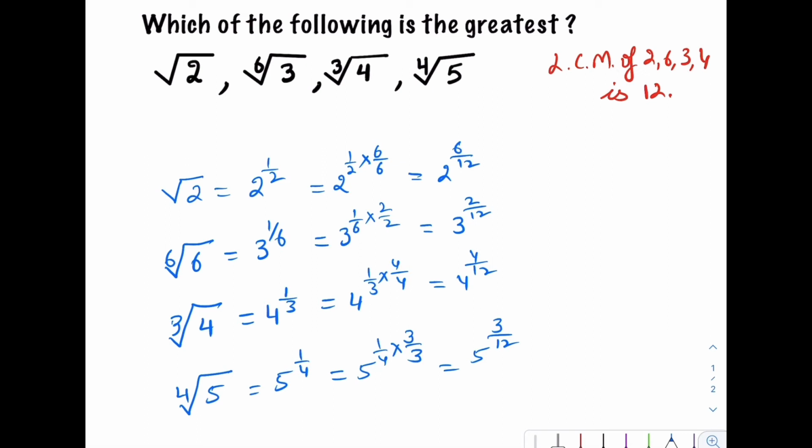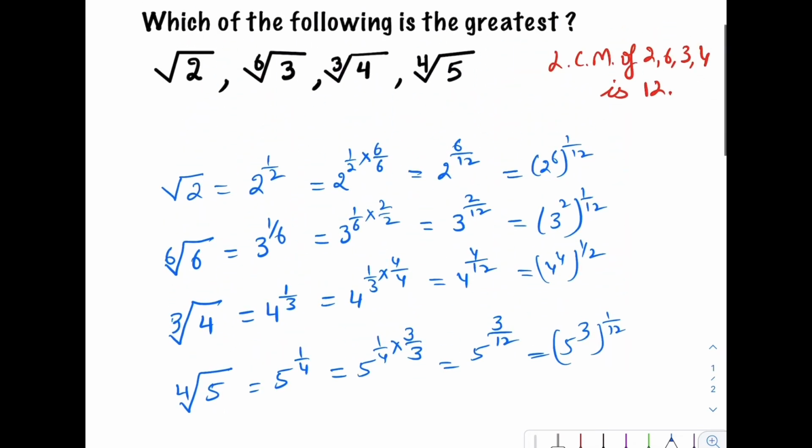Now we have 12 in the power denominator, and this is equal to 2 raised to the power 6, power 1 by 12, 3 raised to the power 2, power 1 by 12, 4 raised to the power 4, power 1 by 12 and 5 raised to the power 3, power 1 by 12.